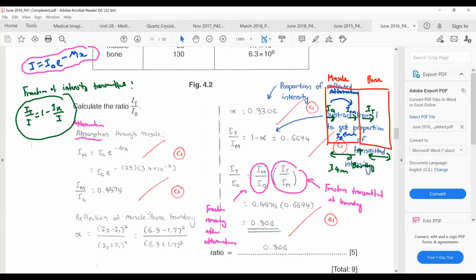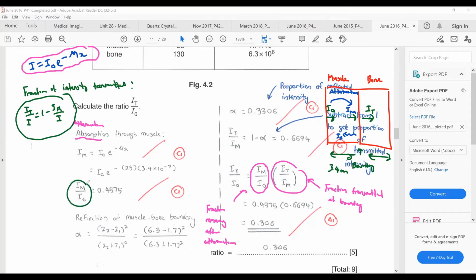So eventually you get your fraction of intensity reflected at 0.3306. Now the fraction of intensity transmitted would be 1 minus alpha, so it will be 0.6694.